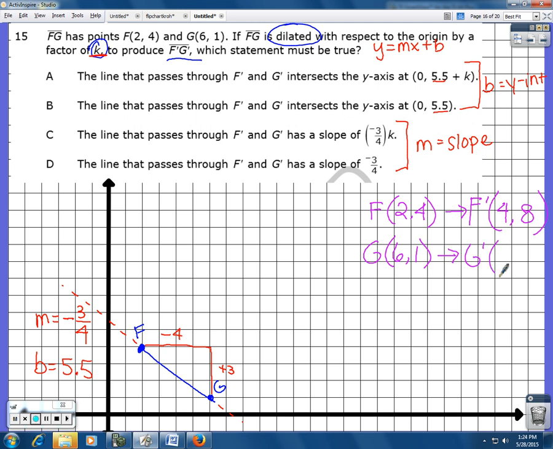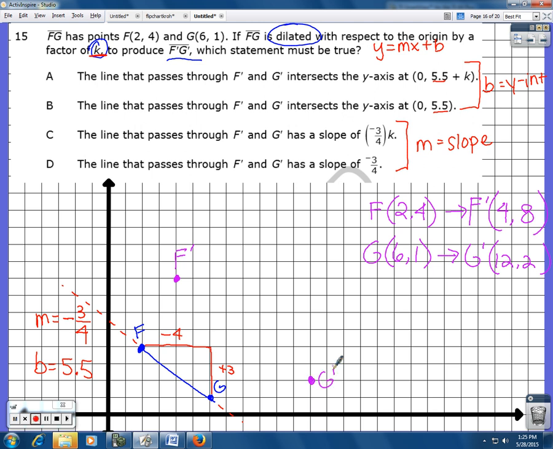So G prime, again, we're just multiplying by a factor of 2, would give us 12 and then 2. So let's plot that new segment, F prime G prime. F prime would be at 1, 2, 3, 4, then 1, 2, 3, 4, 5, 6, 7, 8. G prime would be at 12, 2. So 6, 7, 8, 9, 10, 11, 12, 1, 2.